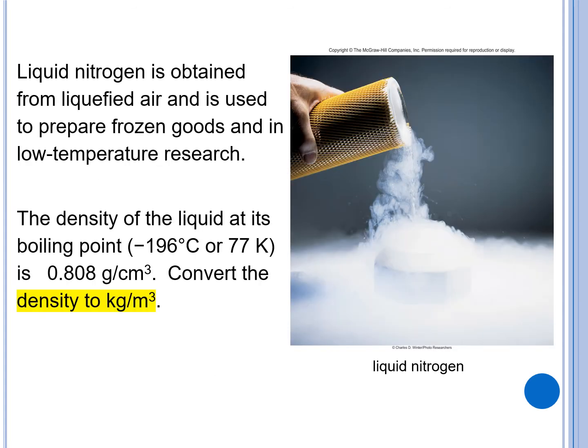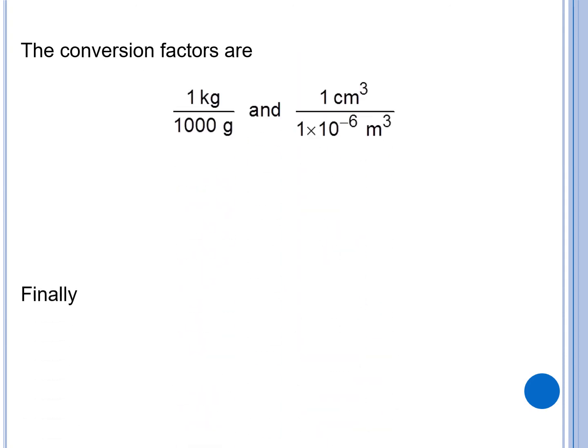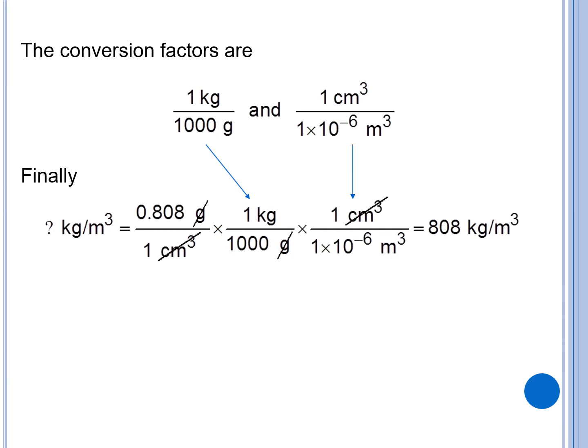Here is another problem. Liquid nitrogen is obtained from liquefied air and used to prepare frozen foods. The density of the liquid at its boiling point is 0.808 gram per centimeter cubed. Convert to kilogram per meter cubed.